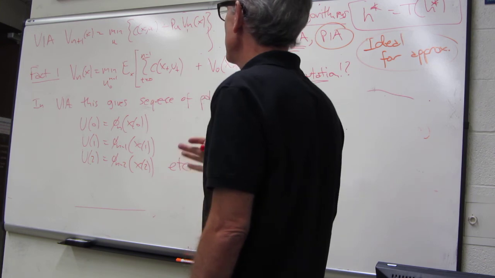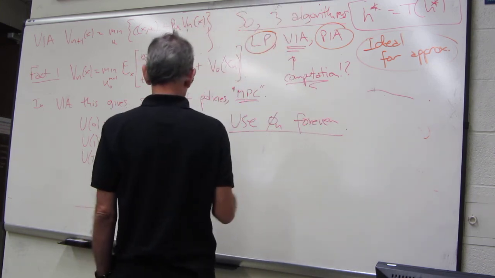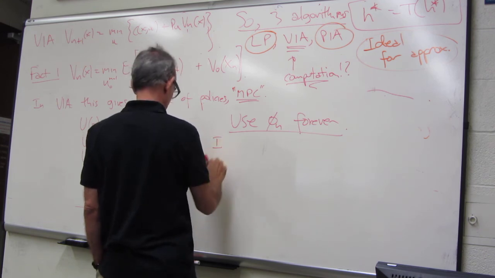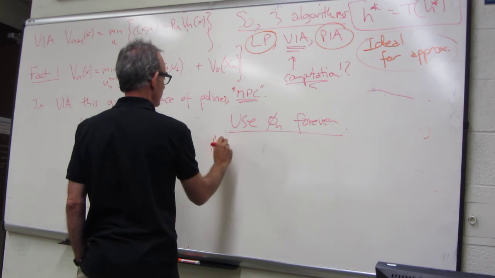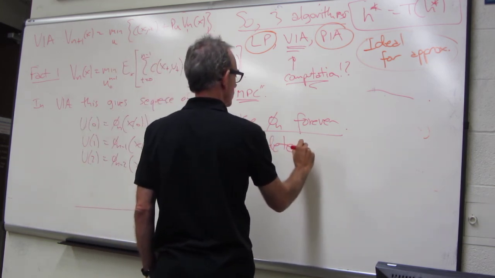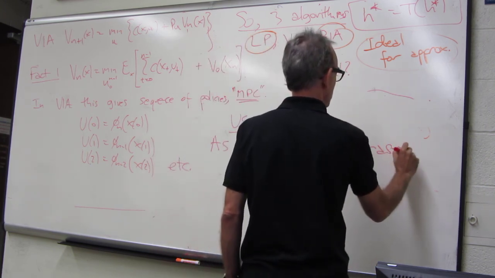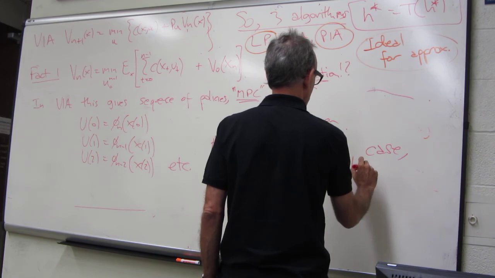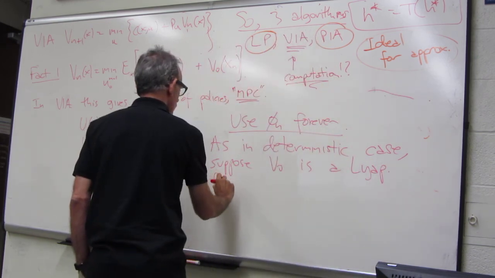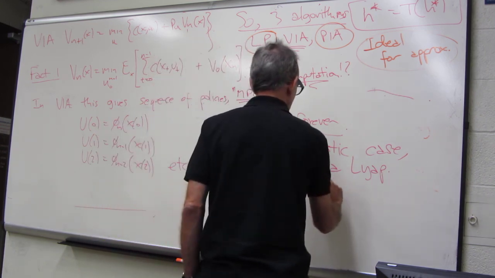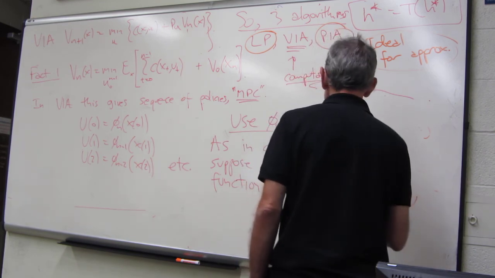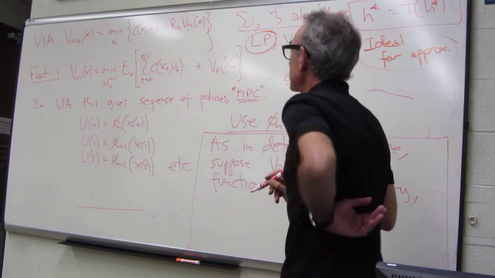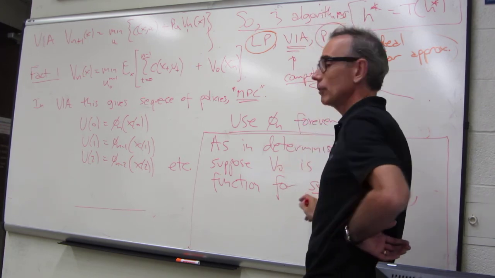Okay. And so what else? Let's just summarize what we know. We know that if, as before, as in the deterministic case, suppose that V0 is the Lyapunov function for some policy.